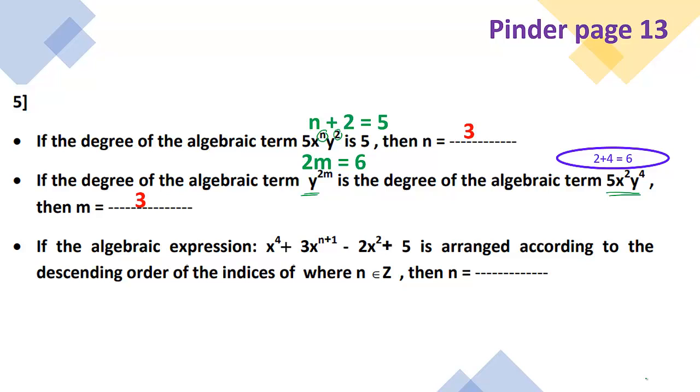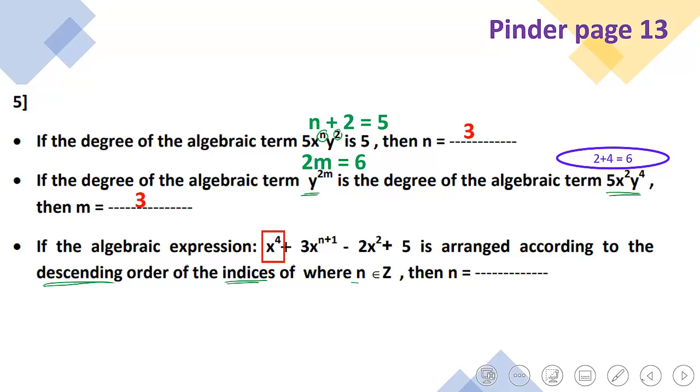Let's go now for number 3. The algebraic expression x to the power of 4 plus 3x to the power of n plus 1 minus 2x to the power of 2 plus 5 is arranged according to the descending order, so they are arranged from the biggest to the smallest of the indices. So let's go and have a look now.